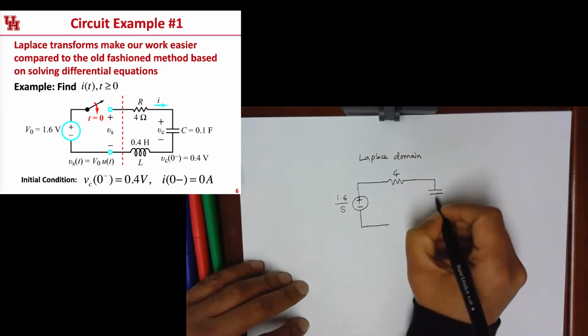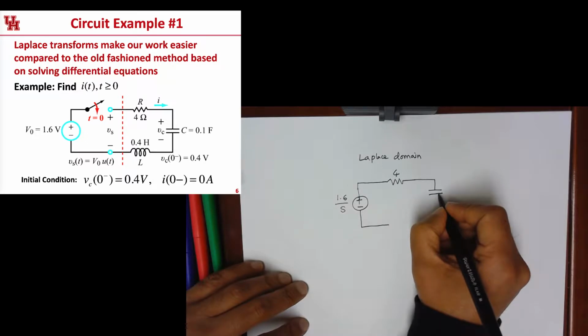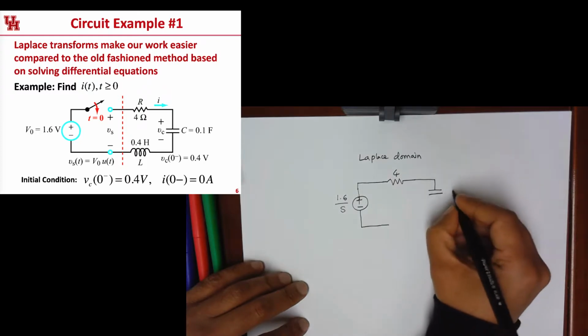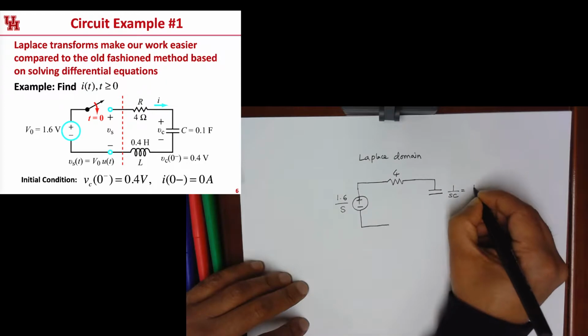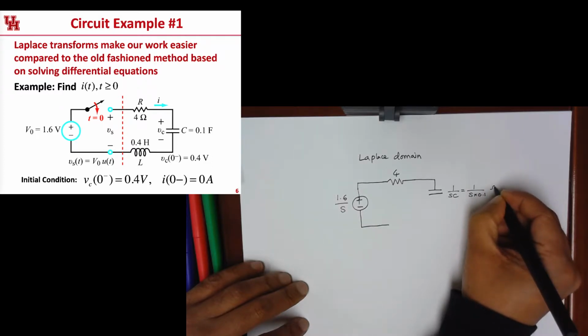So in the Laplace domain, you have a capacitor whose value C is 0.1 farad. That's a pretty hefty capacitor actually. Its impedance is going to be 1 over SC, which is basically 1 over S times 0.1, and this whole thing is in units of ohms.